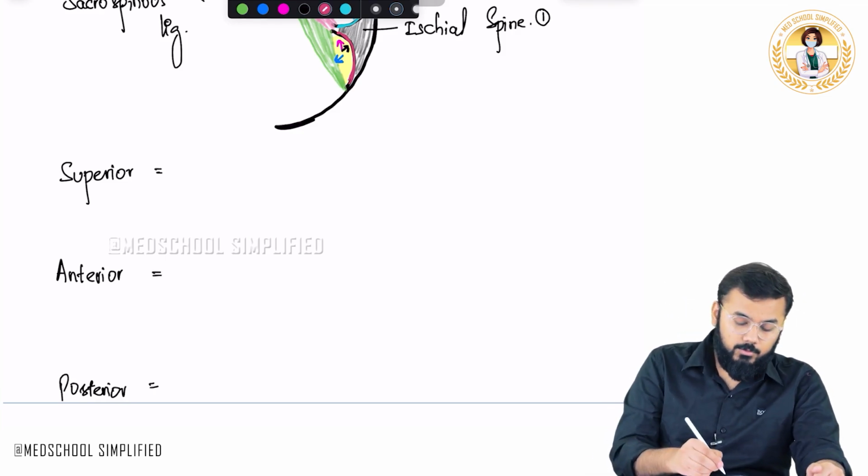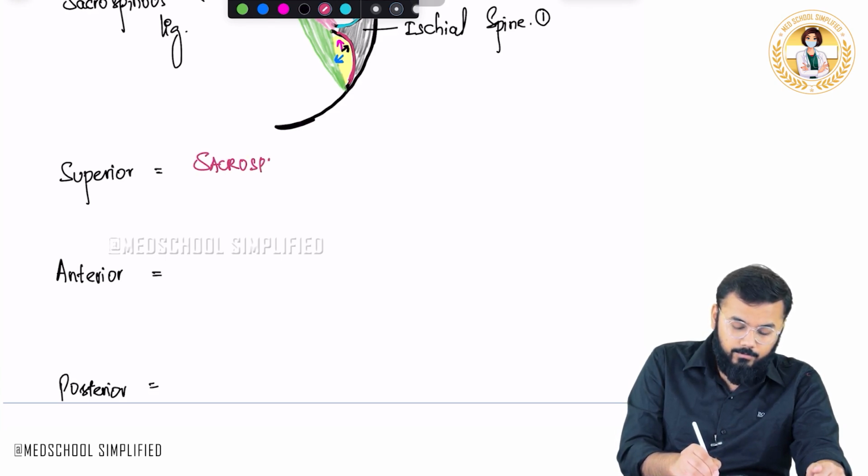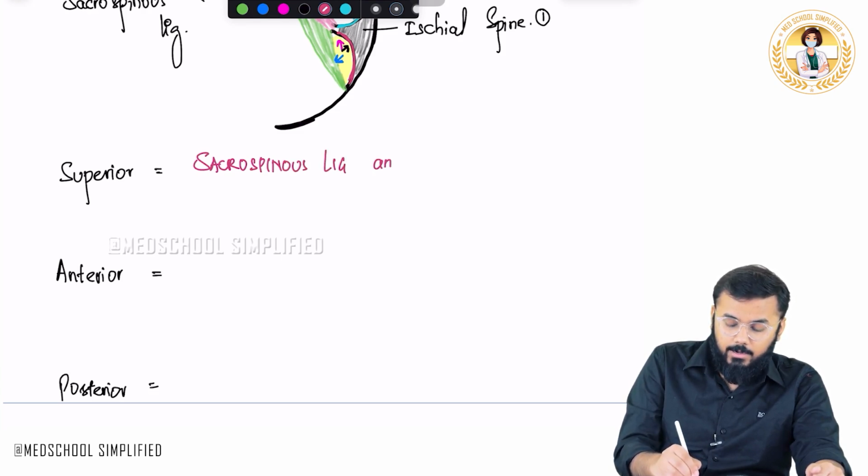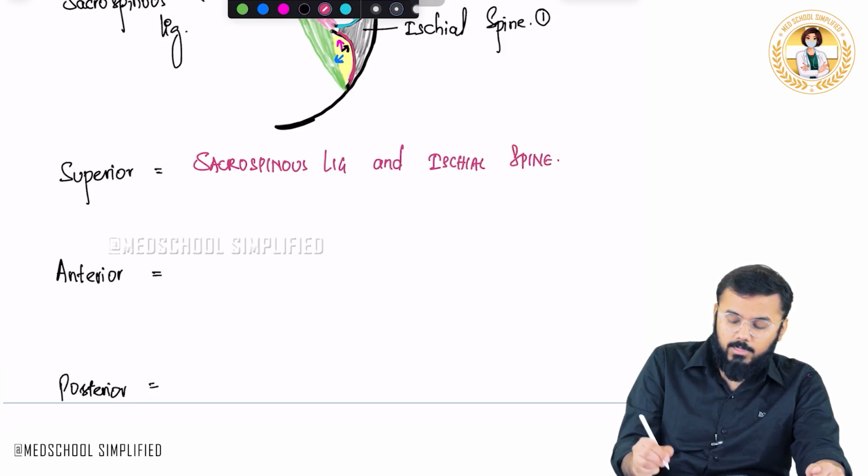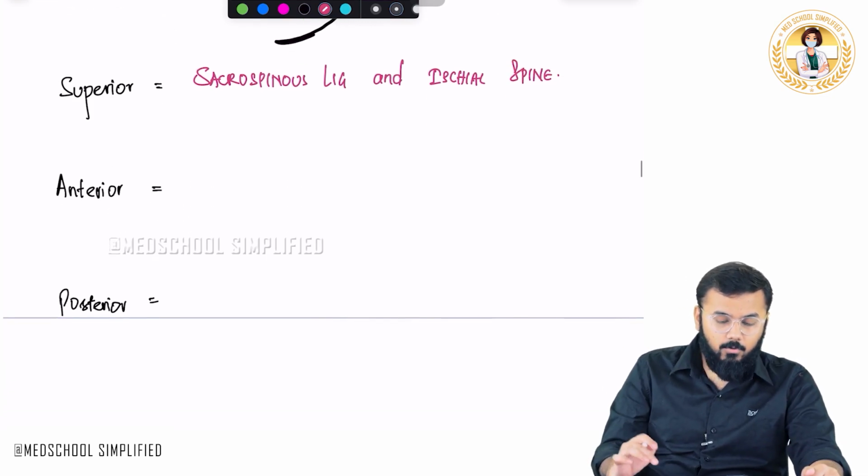Superiorly, what do you have? Superiorly, you have the sacrospinous ligament and the ischial spine. Anteriorly, what do you have?